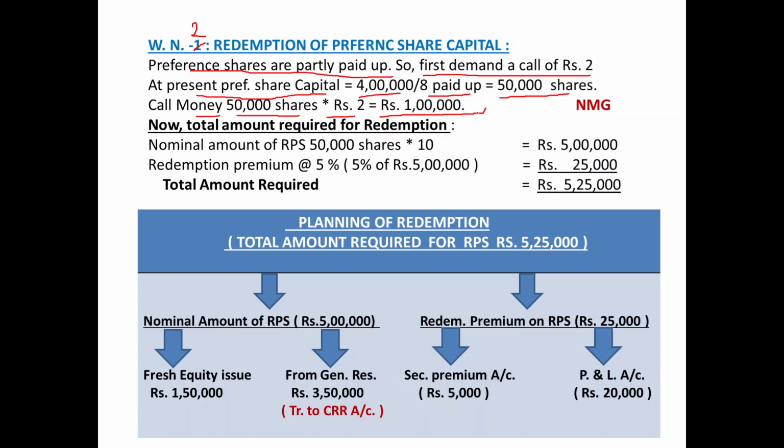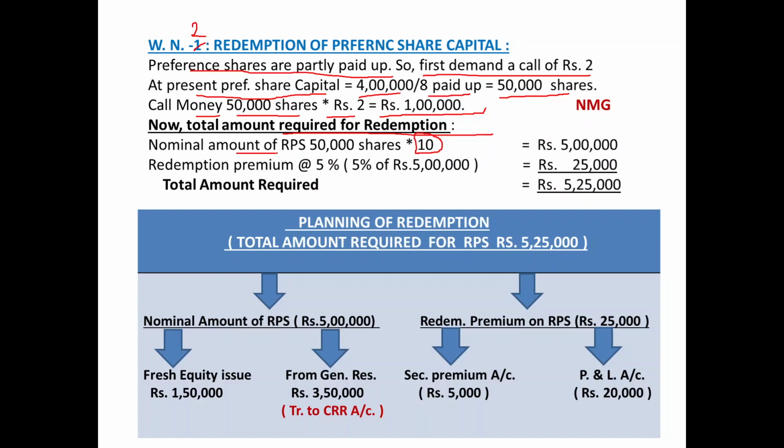Earlier it was partly paid up, but after receiving this call, it has become fully paid up preference share capital. And now the process of redemption can be started. What is the total amount required for redemption? After receiving the call, the 50,000 preference shares have a paid up value of rupees 10. Earlier it was rupees 8 in the balance sheet, but we demanded a call of rupees 2, and that is why it became fully paid up at rupees 10.